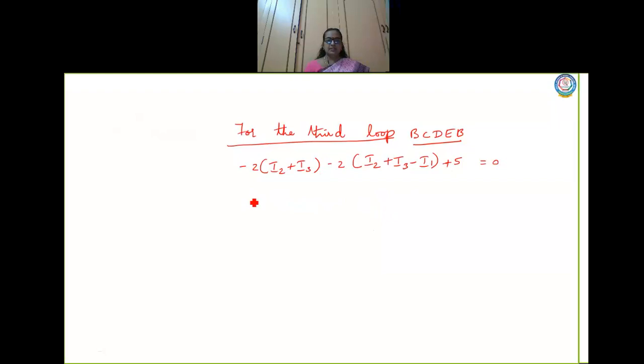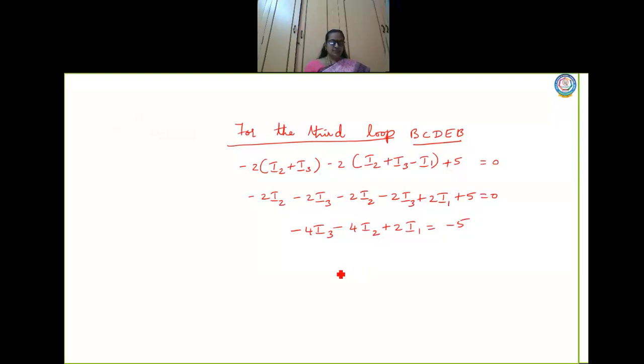So when I simplify this: minus 2I2 minus 2I3 minus 2I2 minus 2I3 plus 2I1 plus 5 equal to 0. Segregate all the terms. Here I have minus 2I3, here I have minus 2I3, which is minus 4I3. Again I have I2 terms, minus 4I2, plus 2I1 is equal to minus 5.